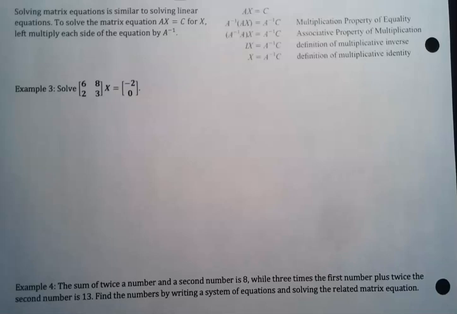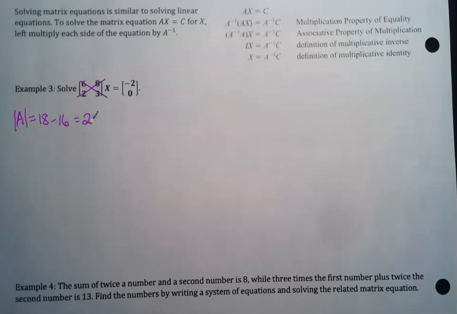In example 3, we are solving the matrix 6, 8, 2, 3 times X equals the matrix -2, 0. We want to find our inverse so we can multiply by our inverse. To find our inverse, remember we need to find the determinant of A. So 6 times 3 is 18, minus 2 times 8 is 16.